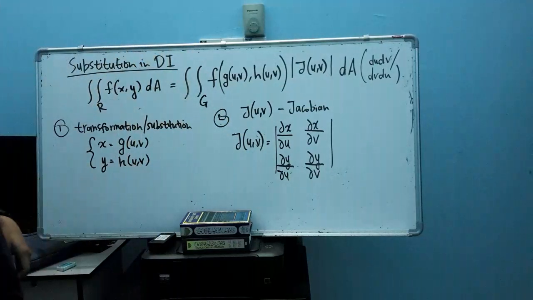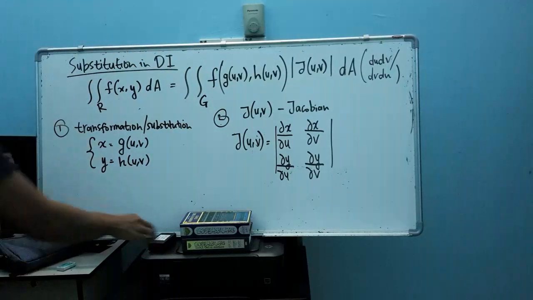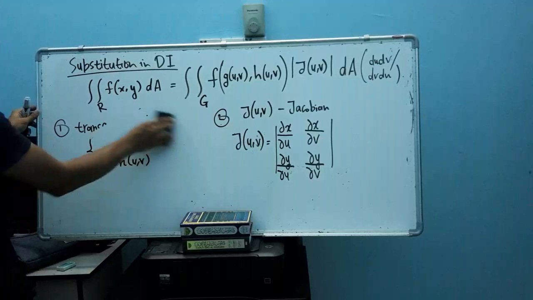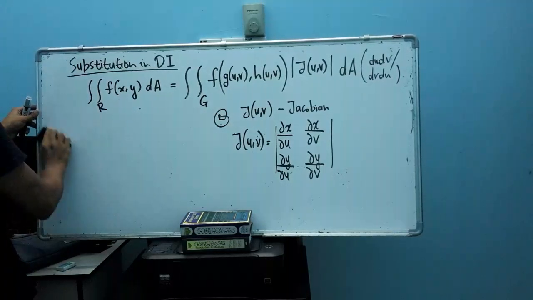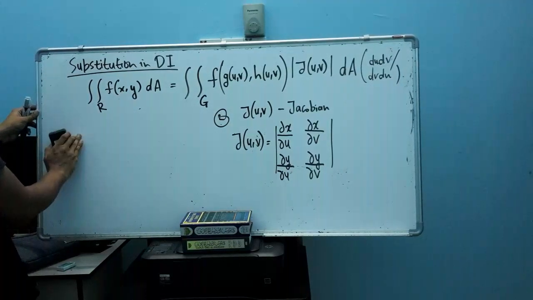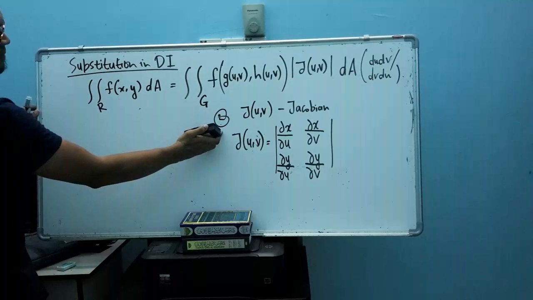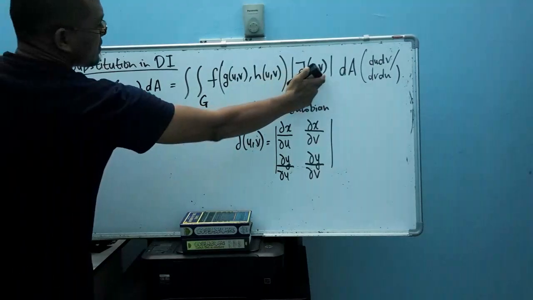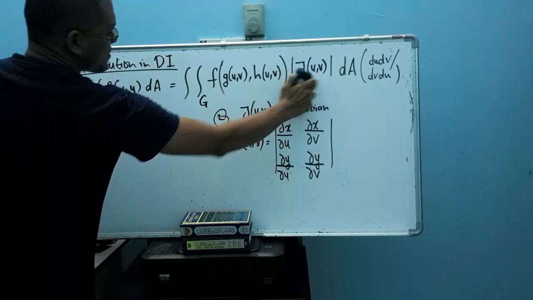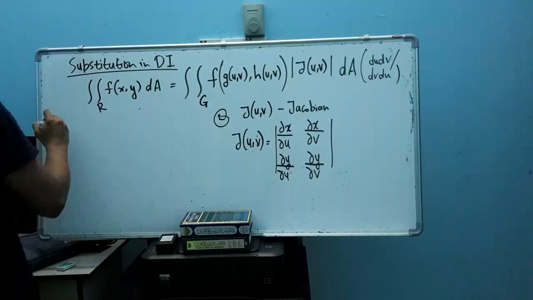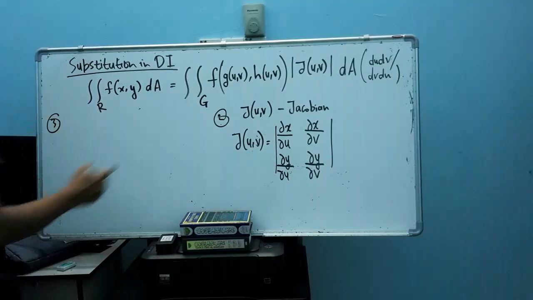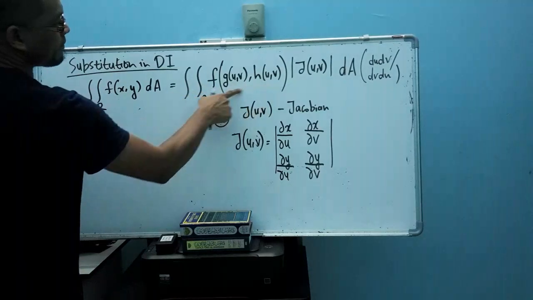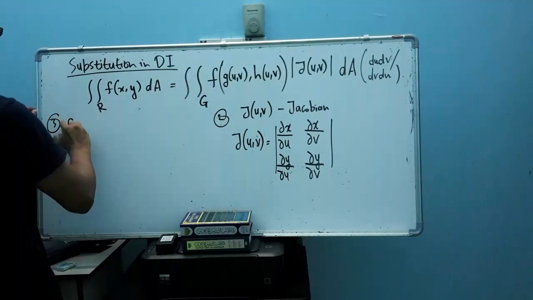Okay, the third step. The first step is the transformation, the substitution, and the second is the Jacobian. Of course, the third step is to find this one. What does this mean?